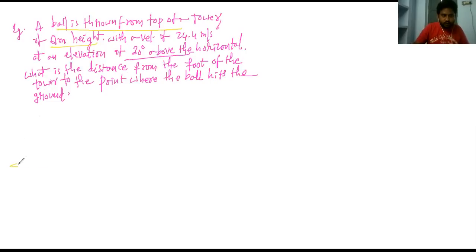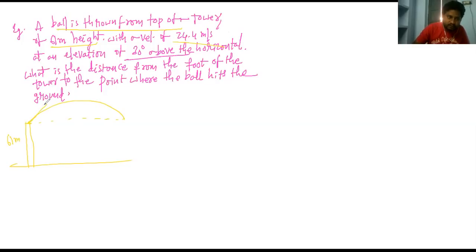So let me draw a rough diagram for you to better understand. There is a tower of height 61 meter. A ball is thrown from here with a velocity of 24.4 meter per second and an elevation of 30 degrees. This is the projectile motion, if you carefully see.